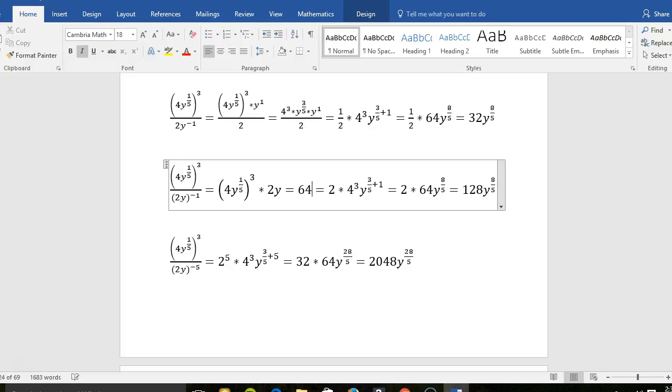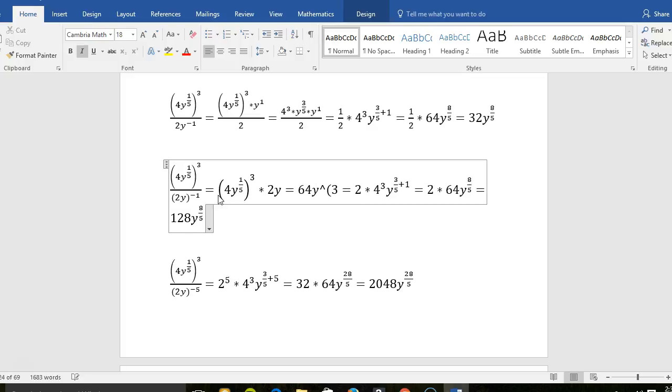You get 64y to the 3/5, and then times the 2y. Now 64 times 2 is 128. Let's just go ahead and combine. There's no use in playing ignorant here, because we know what that is.